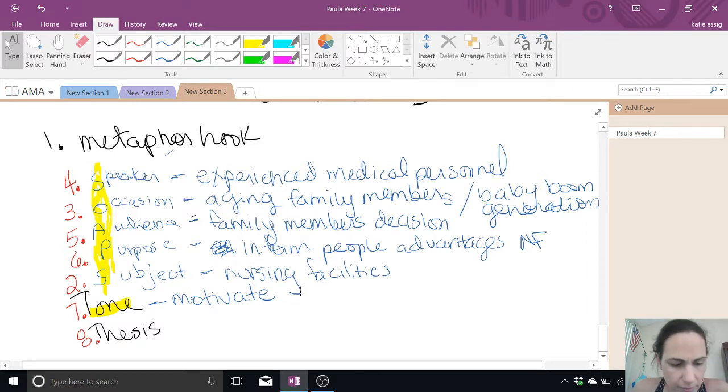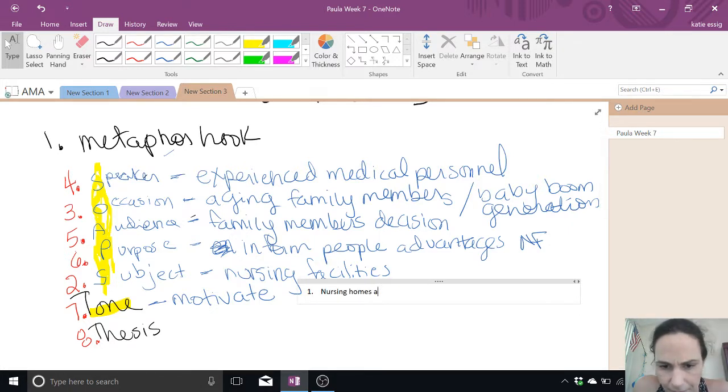All right. So I know this is really messy, but number one, okay, I'm going to go ahead and start writing here. And let's see. So I'm going to say nursing homes serve as an extension to a family's living room.